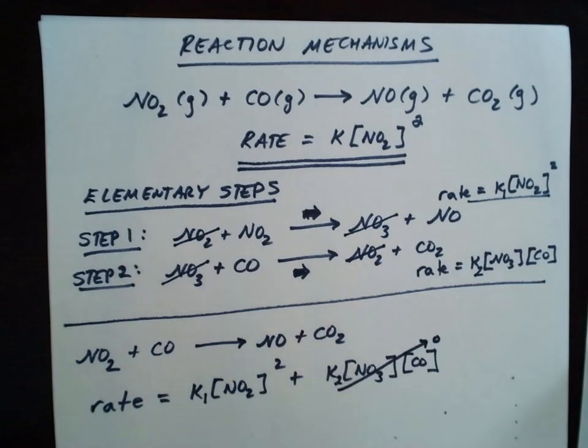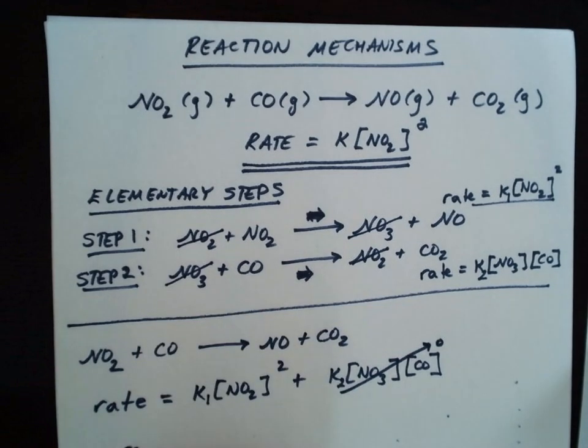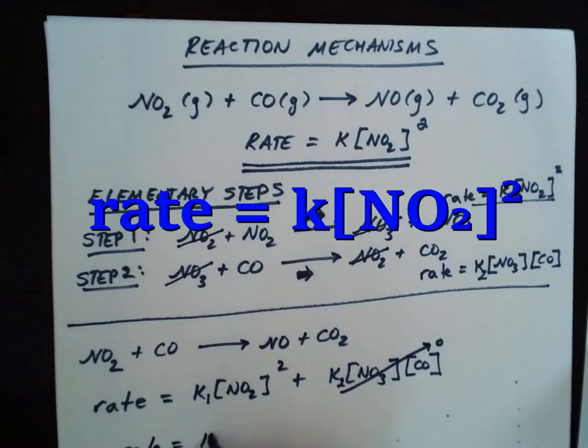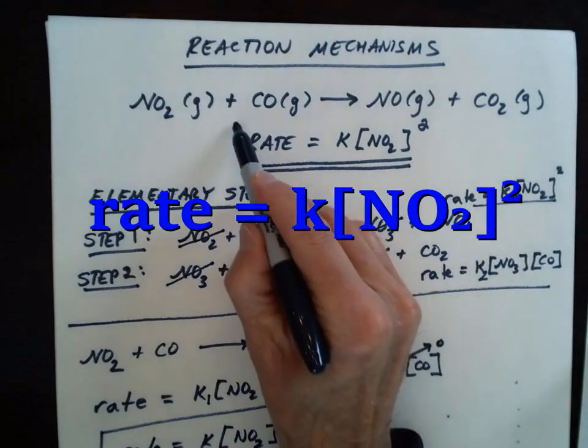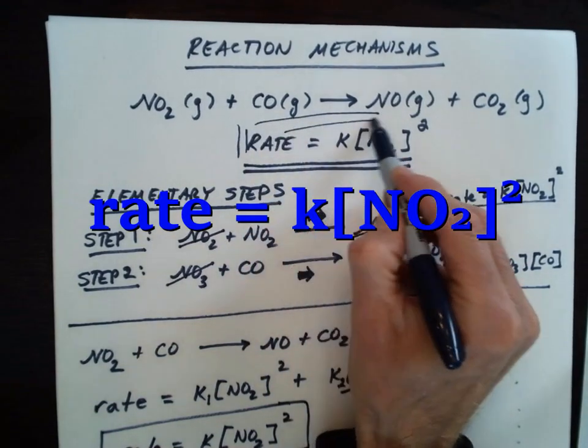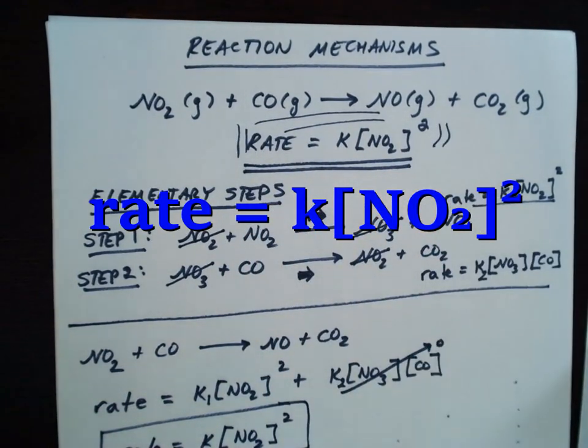Once this happens, step 2 happens like a rocket. And if that's the case, then we will find that the overall rate for the reaction would be k times the concentration of NO2 squared, which is indeed the rate law for the overall reaction that we experimentally find.